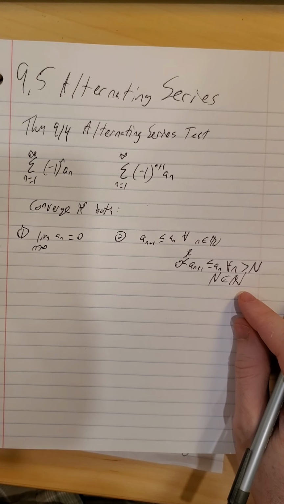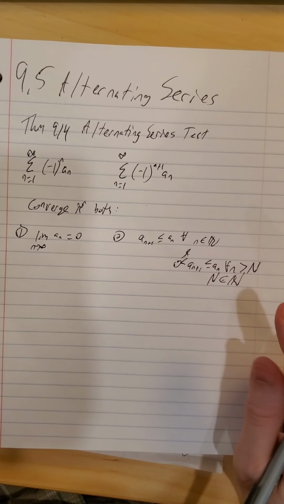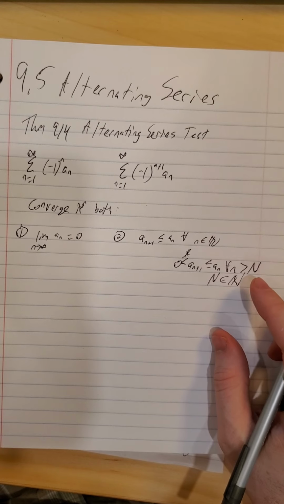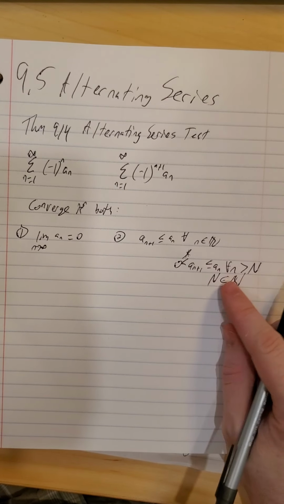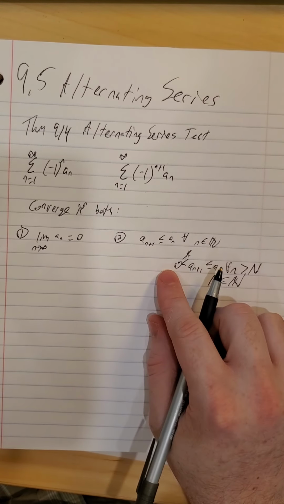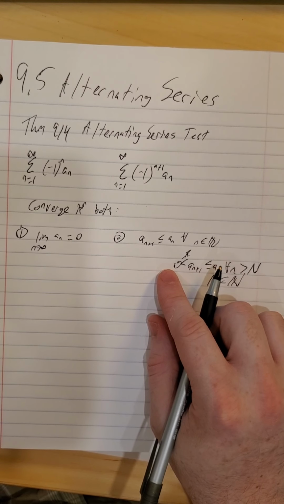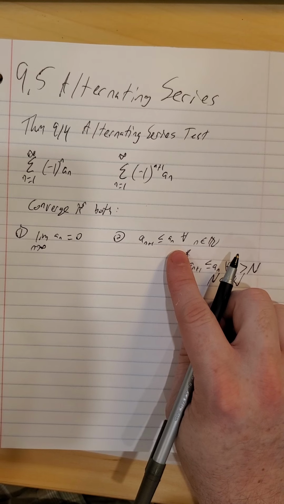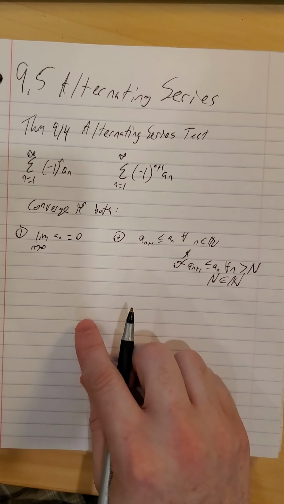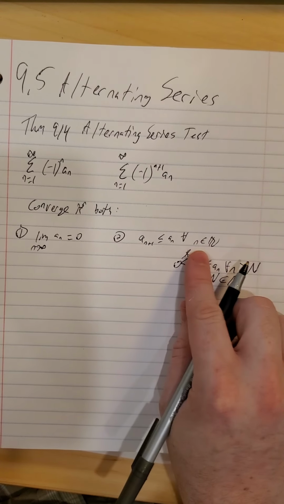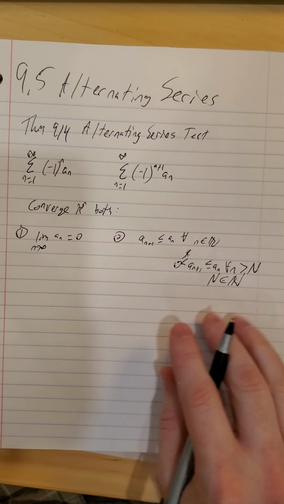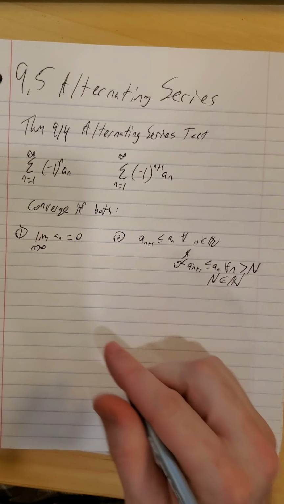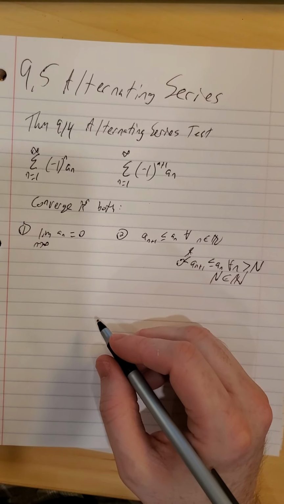So this is saying that maybe we have to go past the first 10 terms to meet criteria number 2, and after that we have a non-increasing series. It's written originally with just all n in N, but again, we can remove a finite number of terms and still apply this.